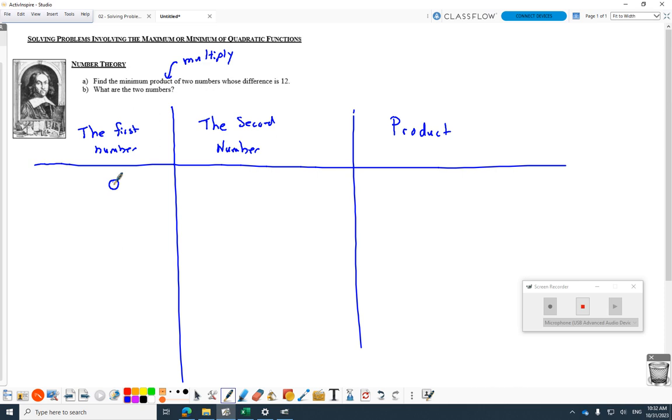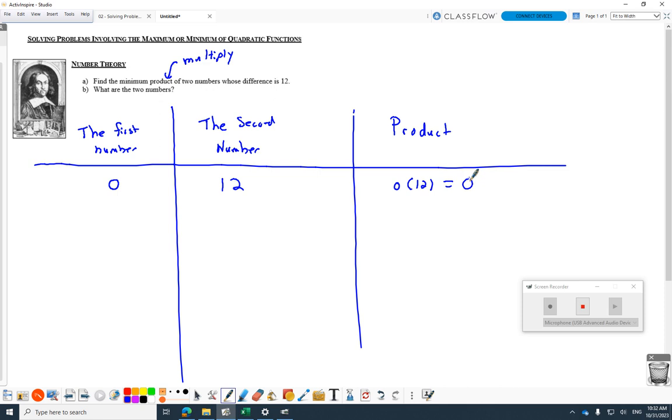Is that hard? No, pretty good so far. The difference is 12. I do want to talk about how he got it. Maybe it was too easy to think about. But we got to get to that if we're going to ever get the powerful method going here. So the product then would be 0 times 12, which should be 0. I'm off to a great start.